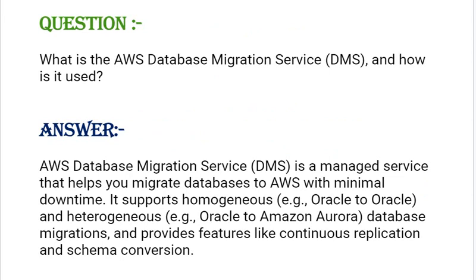Our interview question based on AWS SAP is, what is the AWS Database Migration Service DMS and how is it used? Your answer should be AWS Database Migration Service DMS is a managed service that helps you migrate databases to AWS with minimal downtime.